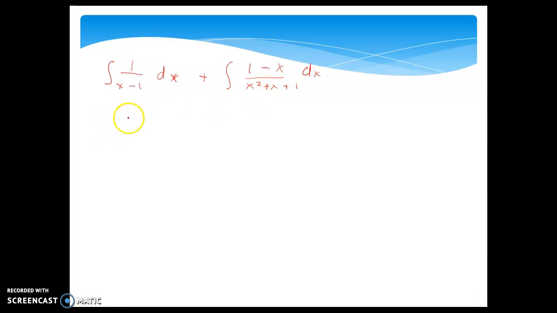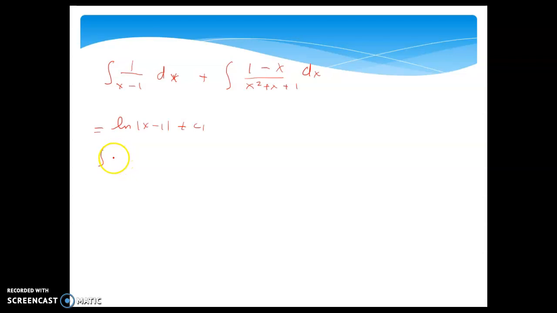So then this function here is going to give me ln of x minus 1 plus c1. And then this function here, we're going to integrate it, and we use the u substitution.